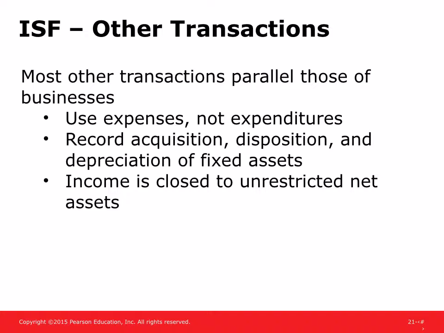So you're going to have expenses rather than expenditures like you would see in the governmental side. You record all of the appropriate events in the lifetime of fixed assets, just as you would for a normal business entity. And then income is closed to unrestricted net assets at the end of the period.